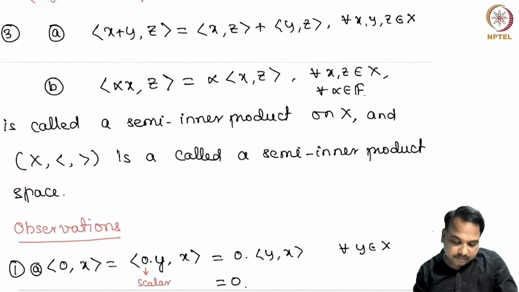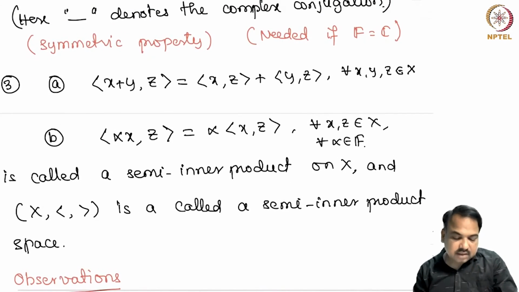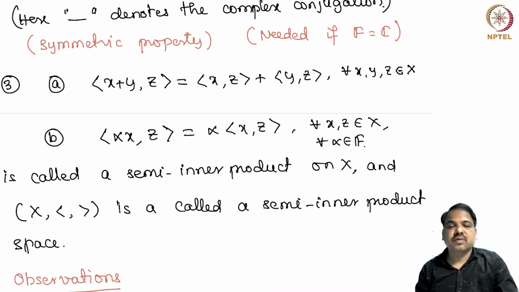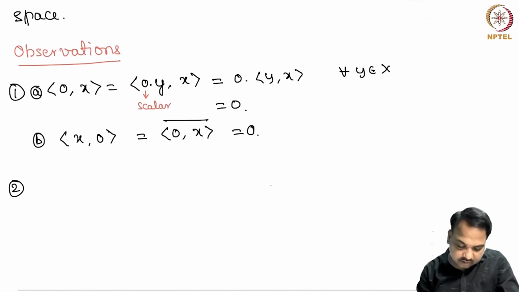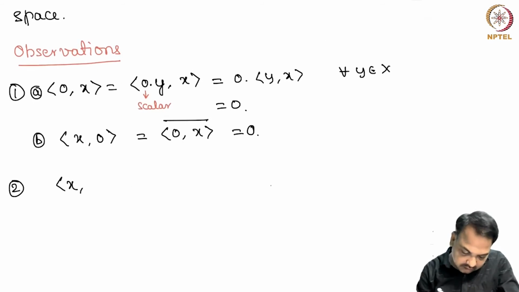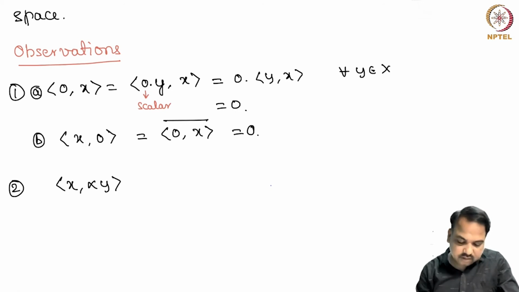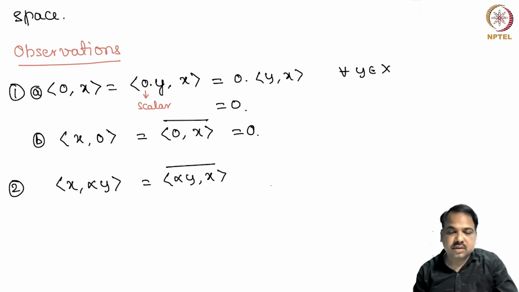Now the second condition is, if you look at axiom 3b, we specified that when you take alpha X in a semi-inner product with Z, we got alpha times the semi-inner product of X with Z. Now if you take the scalar product on the second component or second variable, what will happen? Look at X, alpha Y. That is nothing but the semi-inner product of alpha Y with X, bar, where alpha is a complex number or real number depending on the field.